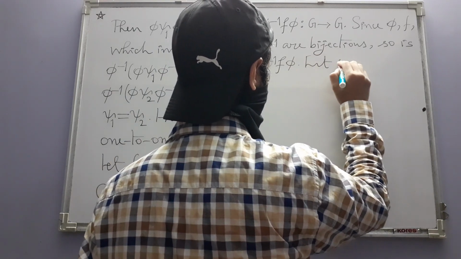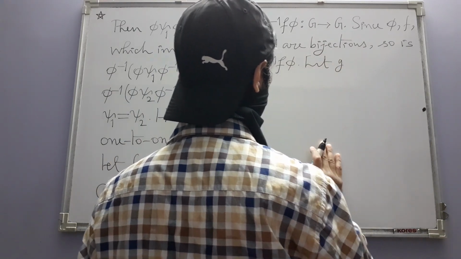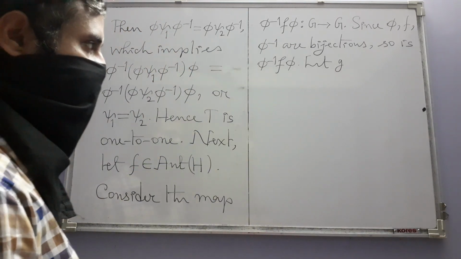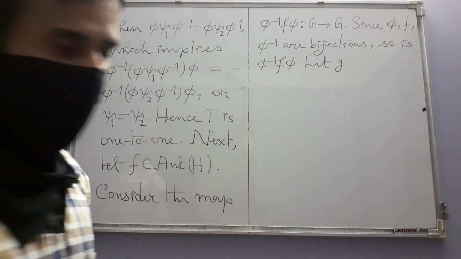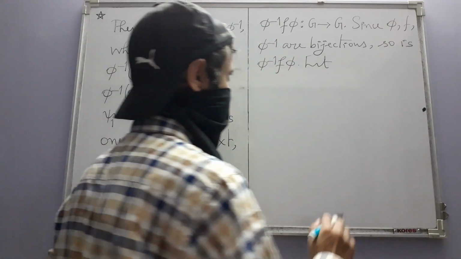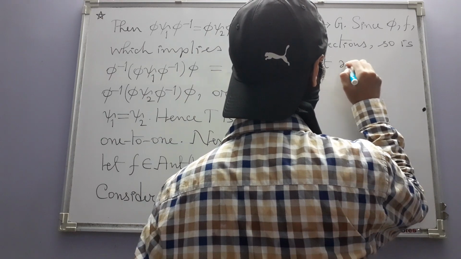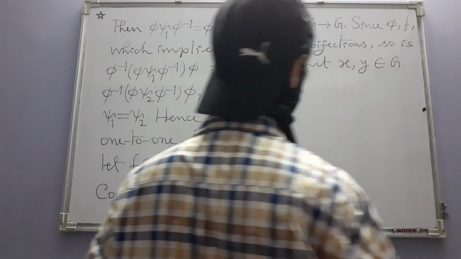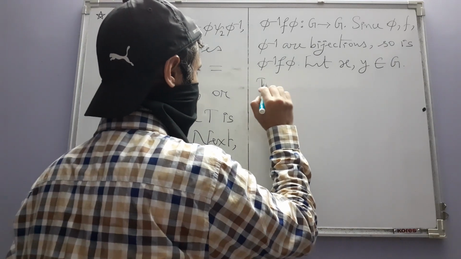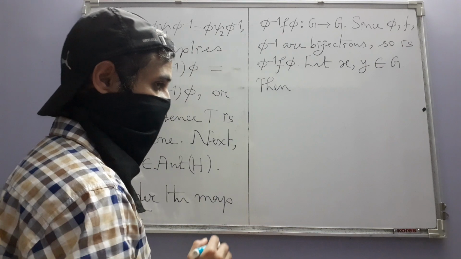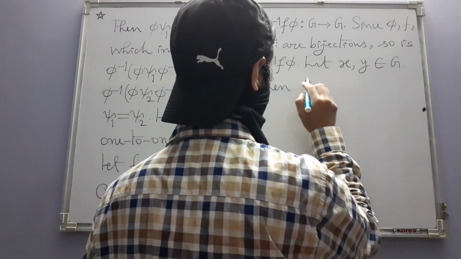Okay, so we used G1 and G2 back there, right? Let us take something else. Let's just take X and Y. And apply this map on the product XY, and let's see what happens.